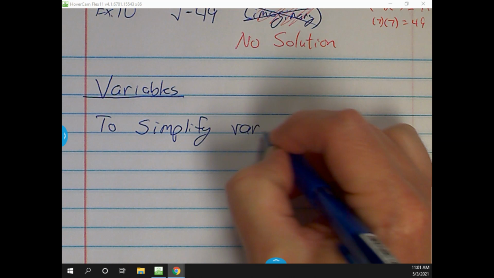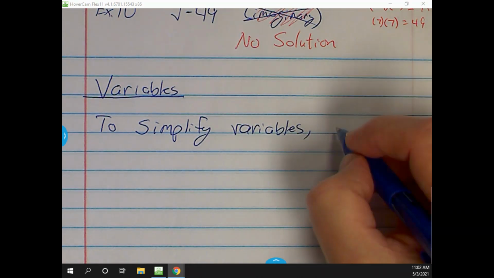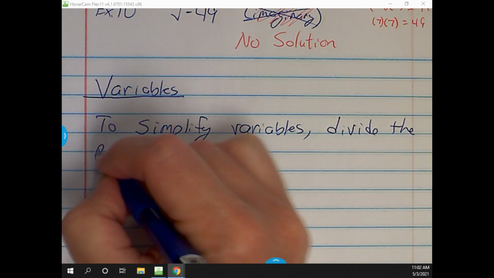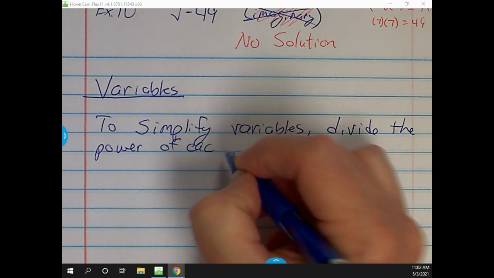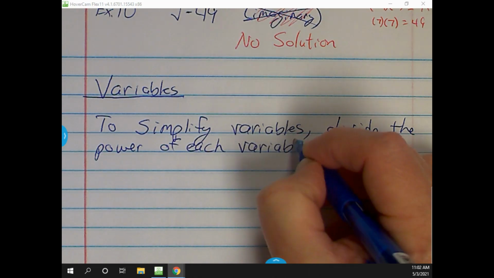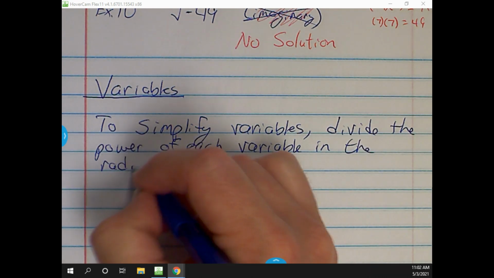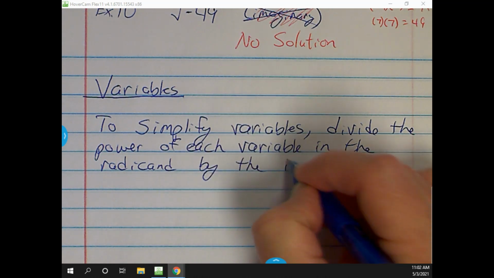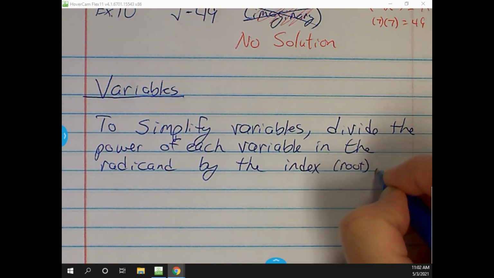To simplify variables, you're going to do one simple little thing. You're going to divide the power of each variable in the radicand by the index or the root, whatever they call it there.